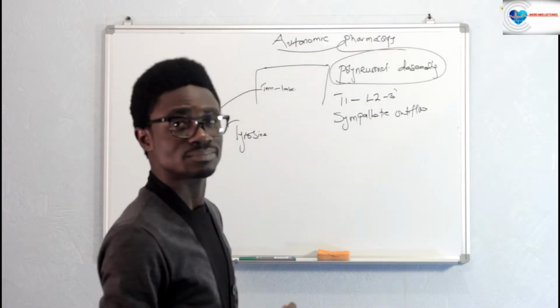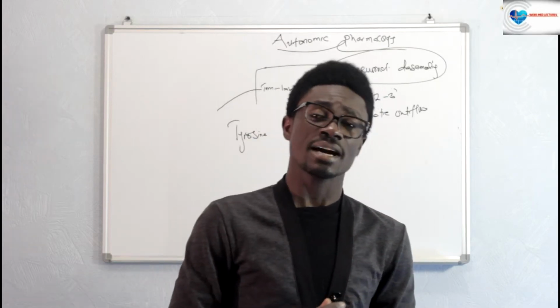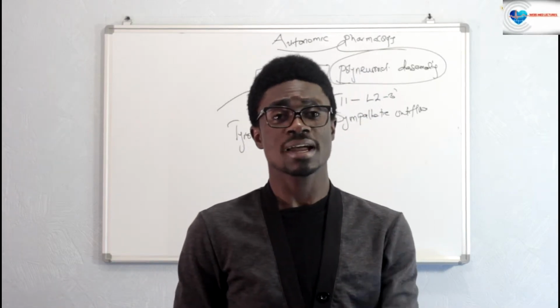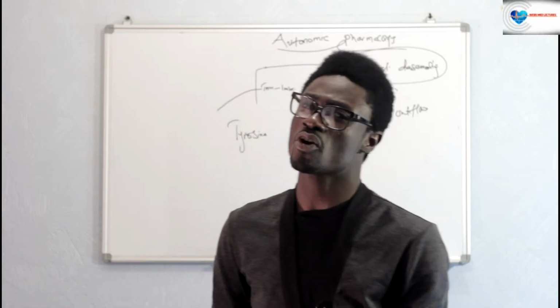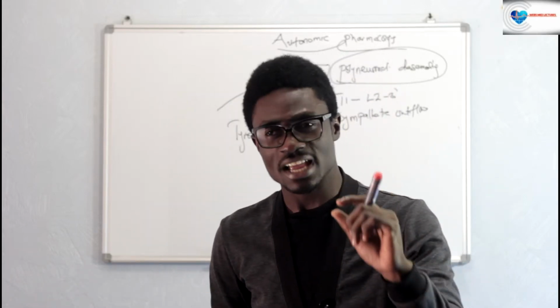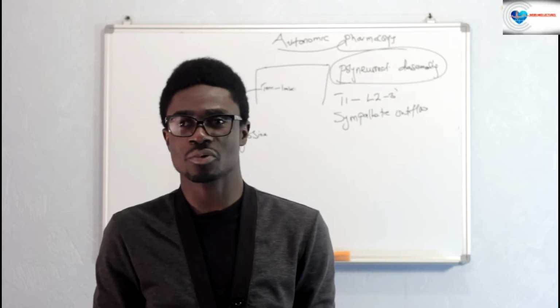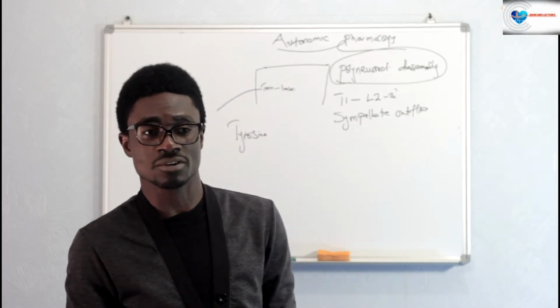In the nerve terminal of these sympathetic fibers, we have special tyrosine pumps. They are specialized in taking tyrosine from the circulation, that is from the blood.